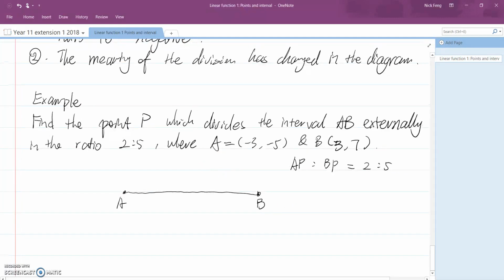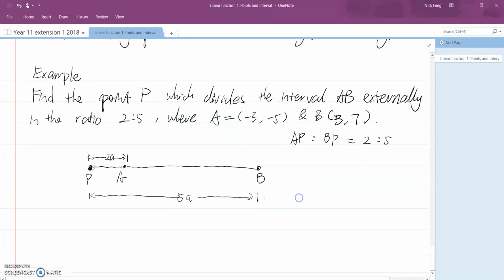So in this case, your P is actually to the left of A, somewhere in here, because that's the only occasion you can have AP as 2 unit lengths and BP as 5 of that unit length, which is dividing externally in the ratio 2 to 5.